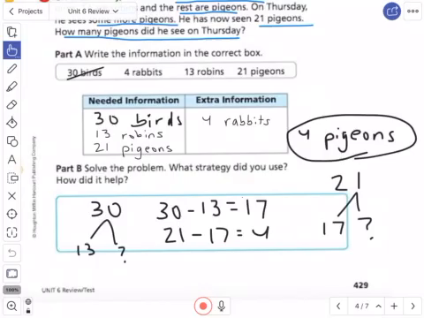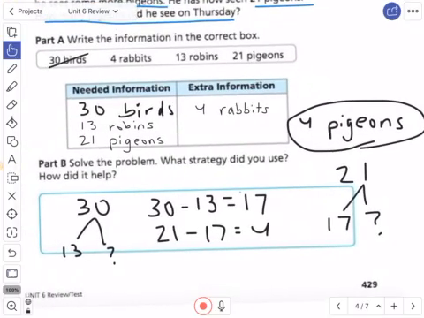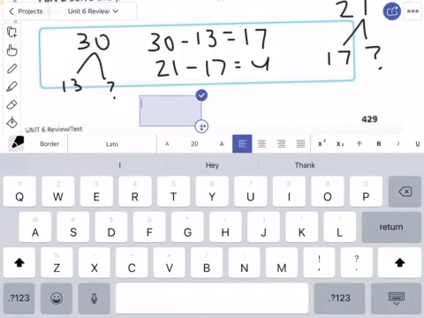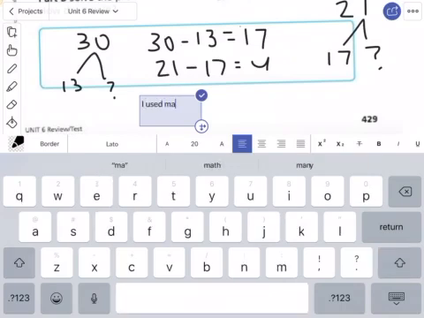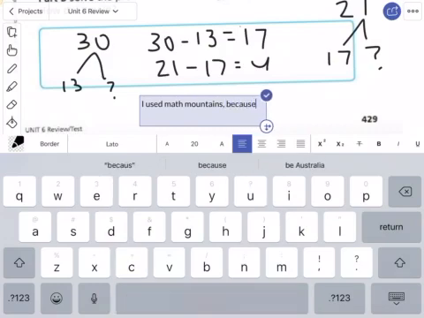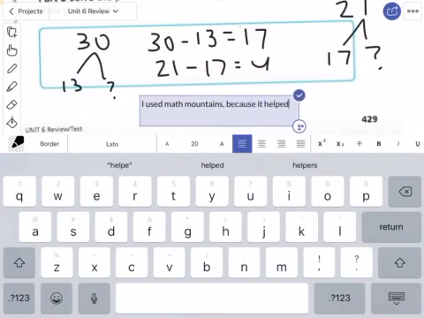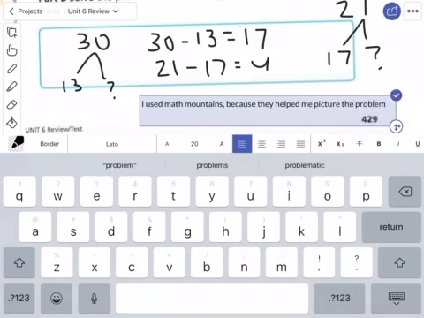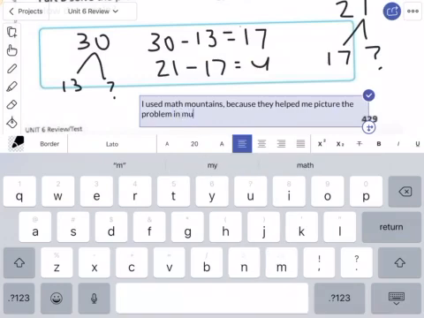Then the other part of this is, what strategy did I use and how did it help? Now, for me, I used math mountains, comma, because they helped me picture the problem in my mind.